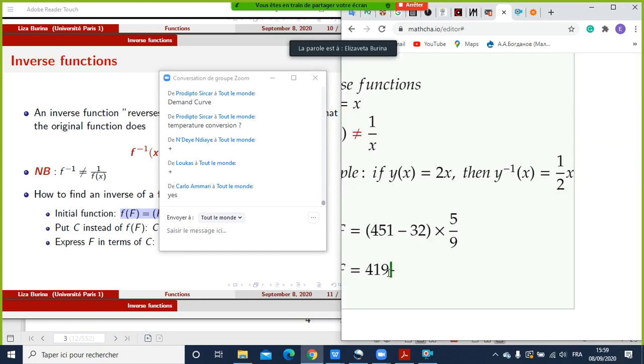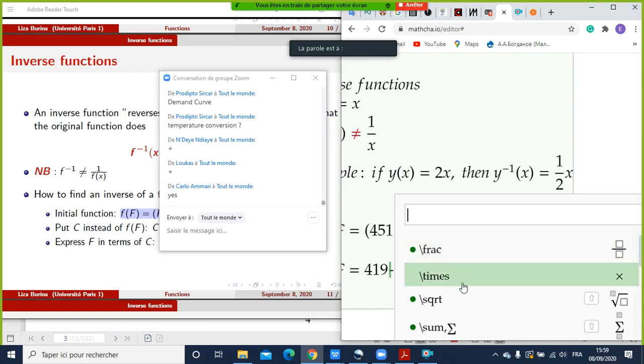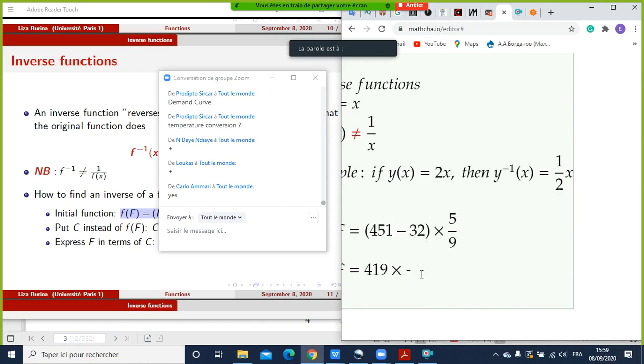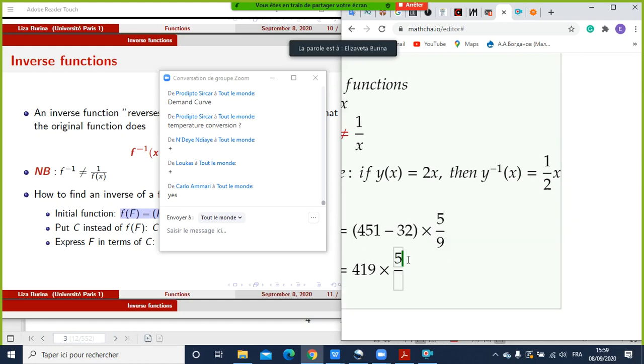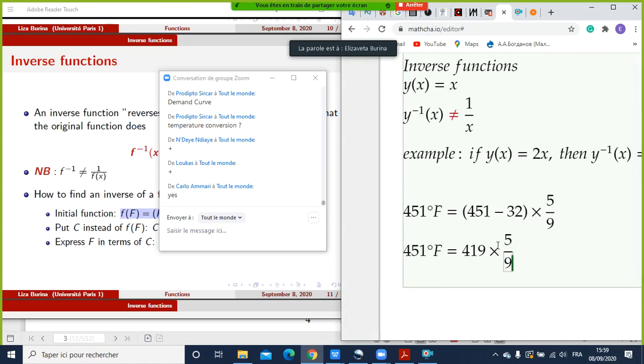So please do it real quick with the calculator and type me an answer.